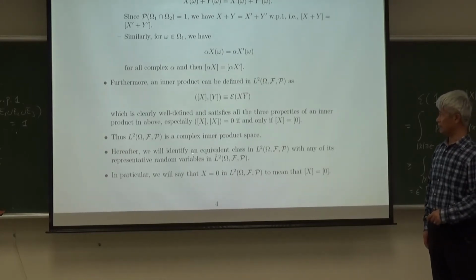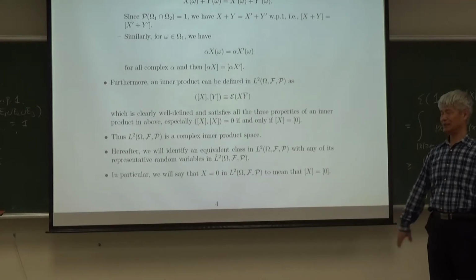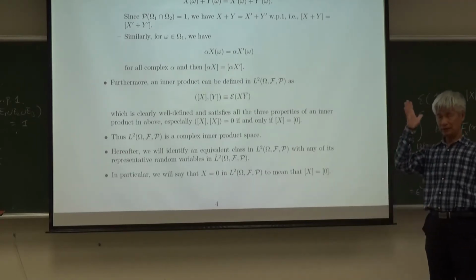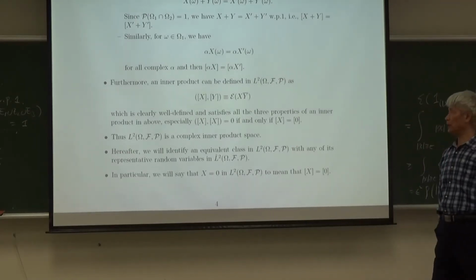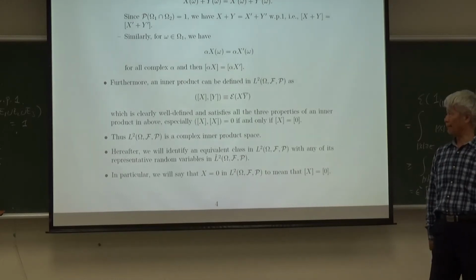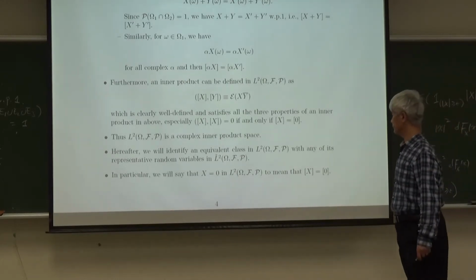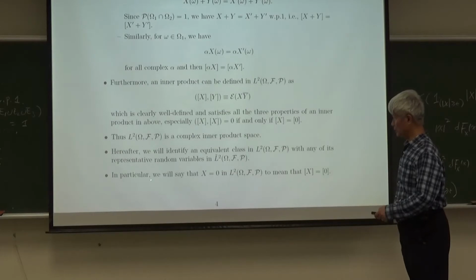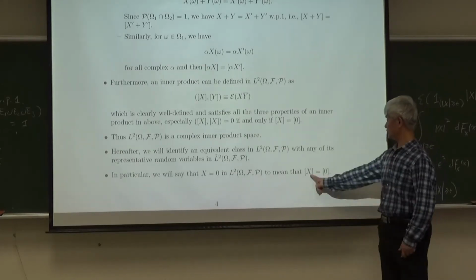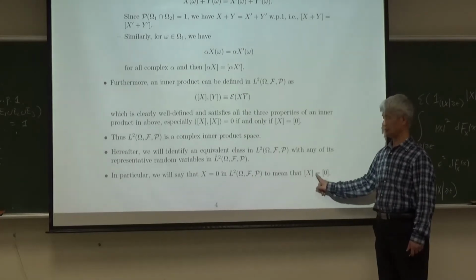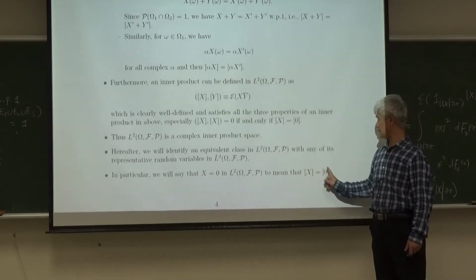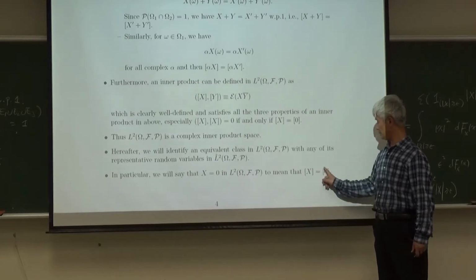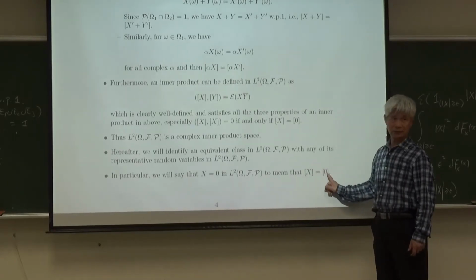Hereafter, we will identify an equivalence class in L2 with any of its representative random variables. It is very clear, and you will not cause any ambiguity in the context. In particular, we will say that X equals 0 in L2 to mean that X is in the same class as 0.